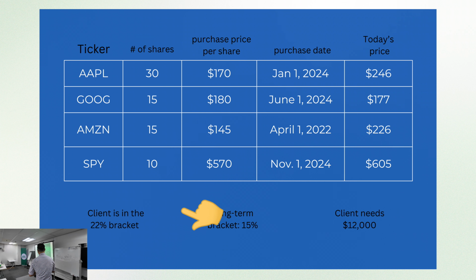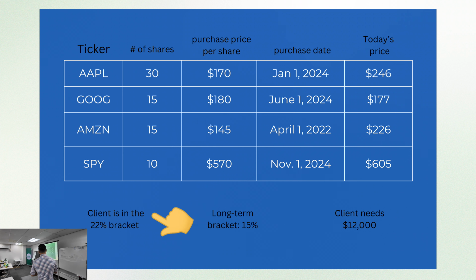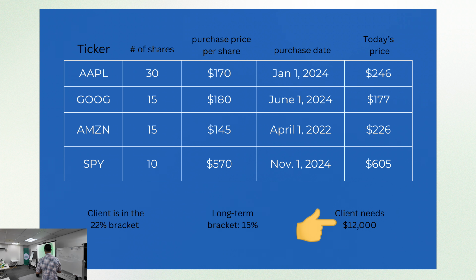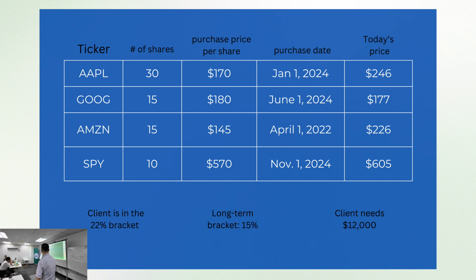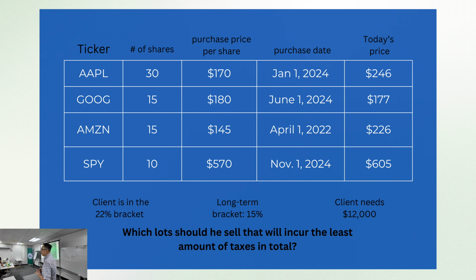We know the client is in the 22% bracket, he's going to pay the long-term rate of 15%, and the client needs $12,000. So what do we need to figure out for the client to get $12,000 out and pay the least amount of taxes?